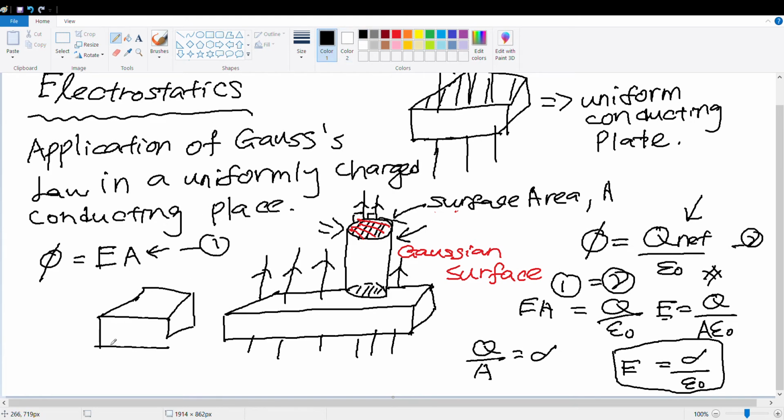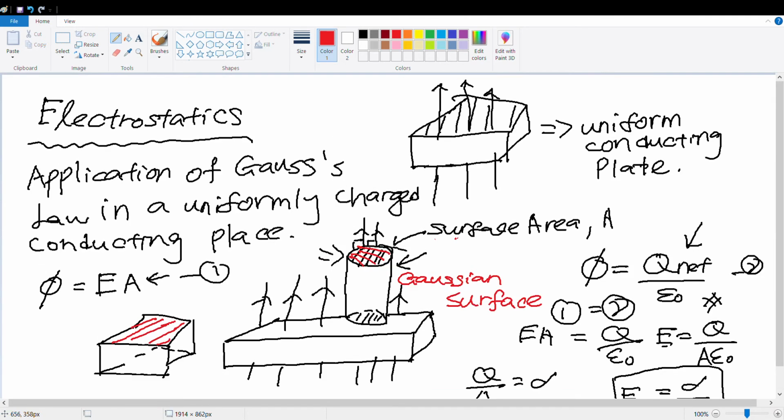If we place this cubic shape on the upper part of the uniform conducting plate, the surface area of the Gaussian surface that we consider is the bottom surface area. Alright, so we have done the application of Gauss's law in a uniformly charged conducting plate.